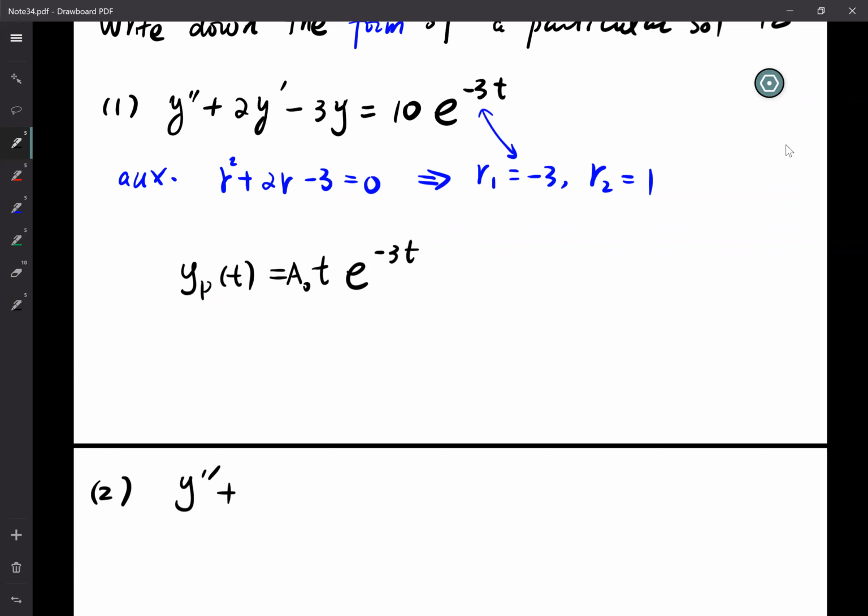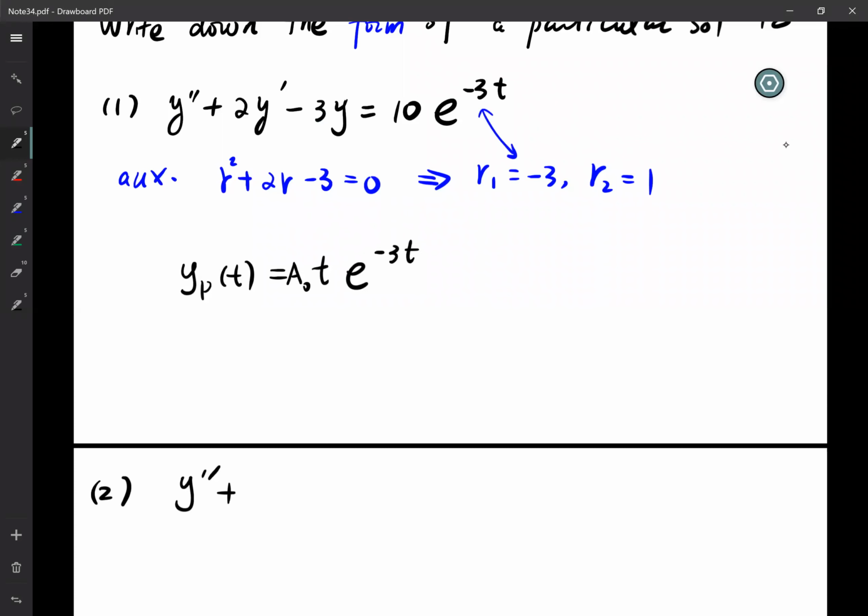Yeah, but this one is a single root, a simple root, so its multiplicity is 1. You always have two roots; they're either distinct roots or repeated roots. Here it's not a repeated root, so you only multiply by t.